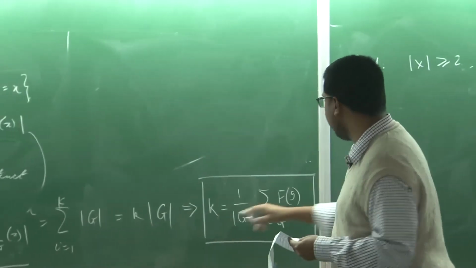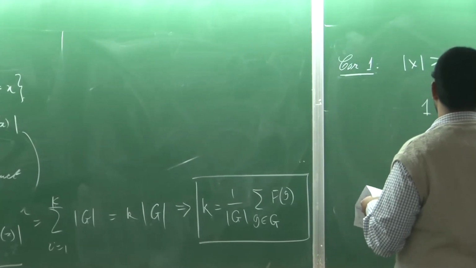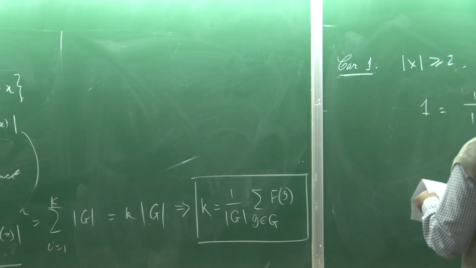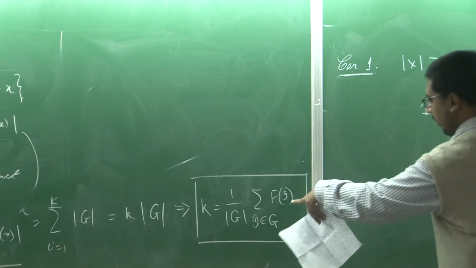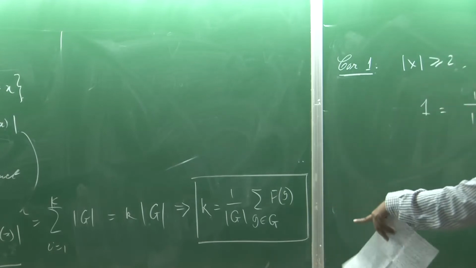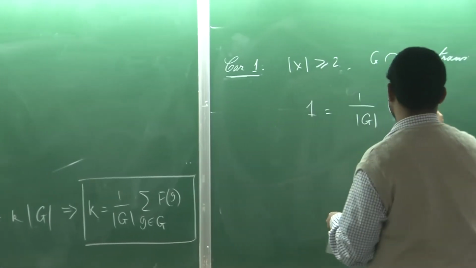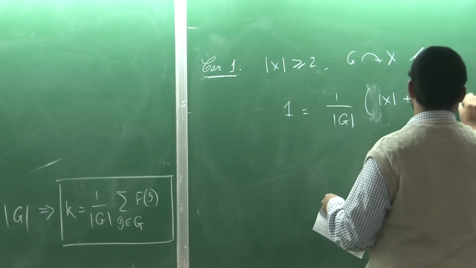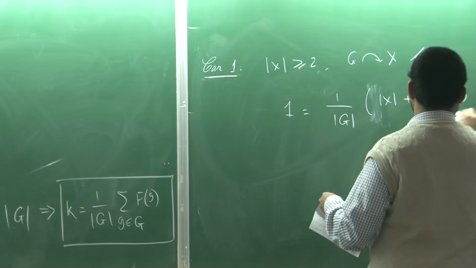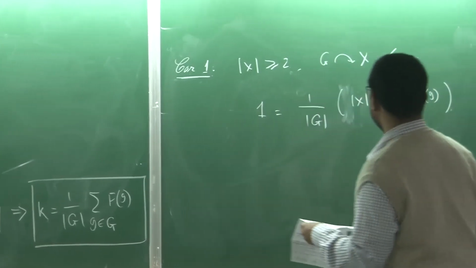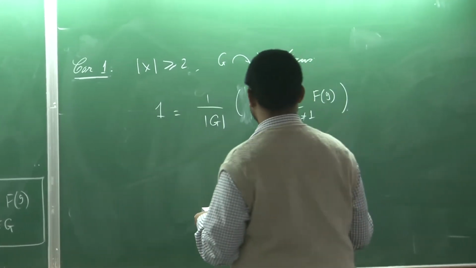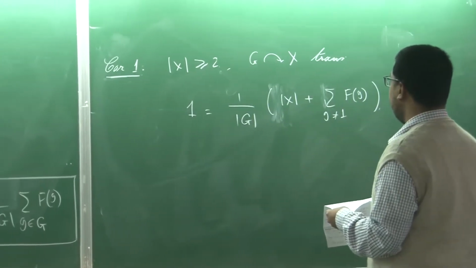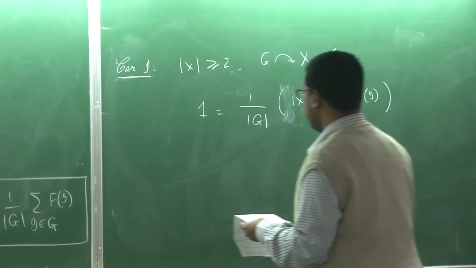So this is 1, right? From Burnside's formula we must have, this sum I can break into two parts. The first one is F_1, where 1 is the identity, so F_1 is the same as X, plus the other F_g's for the non-identity group elements, okay.